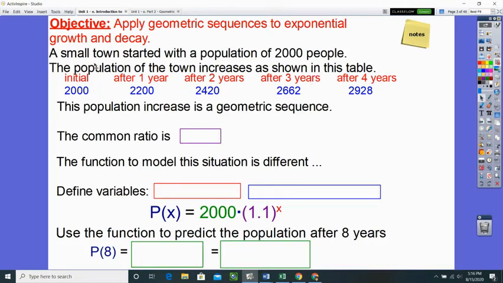Now, the difference between a geometric sequence and this application of exponential growth, and by growth I mean the population is going up, is that we're not starting with our first term being called n equals 1. When we apply, we're talking about time 0. The clock hasn't started yet. We're going to start right now in 2000.